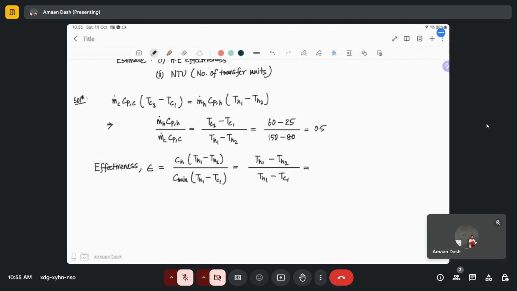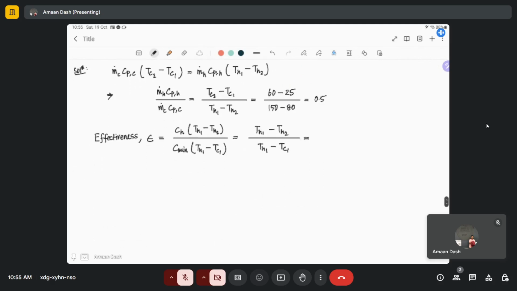This equals 150 minus 80 entire thing divided by 150 minus, sorry, not 60, 25, right? 25. So this is equal to 0.56.